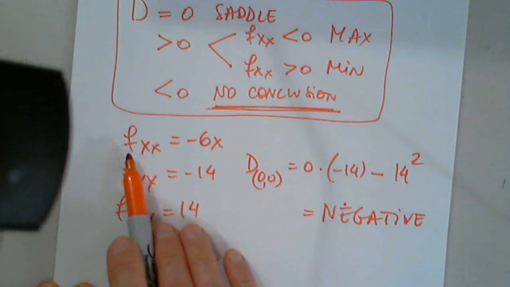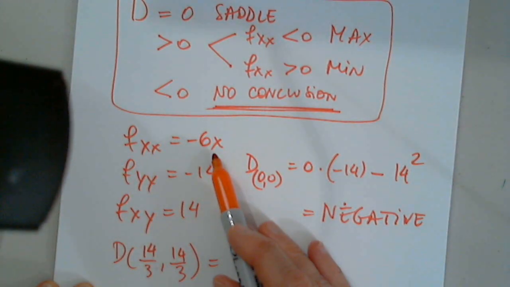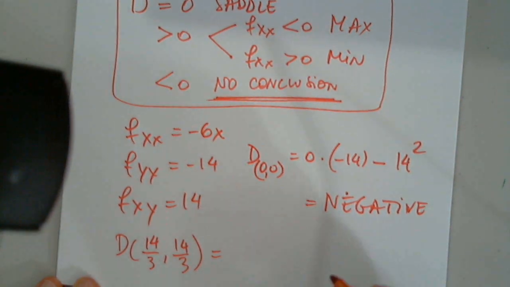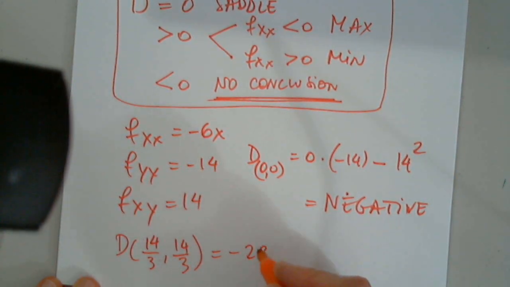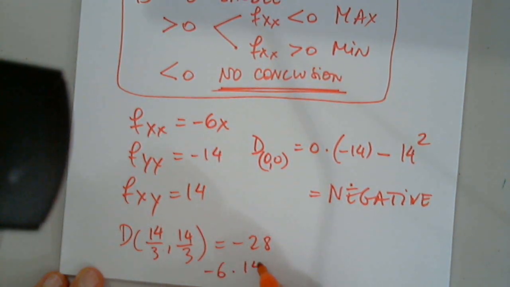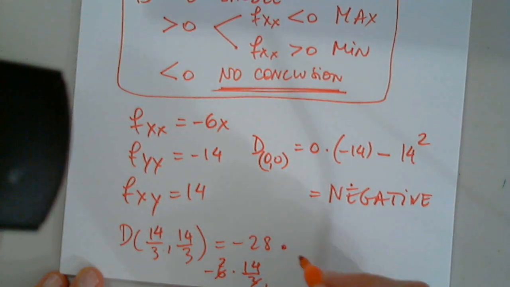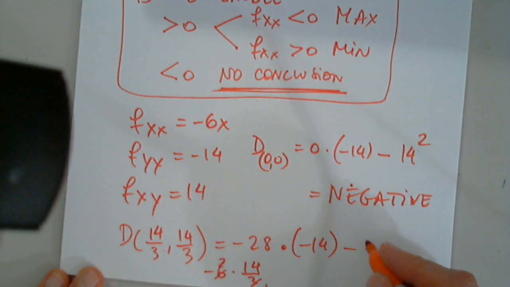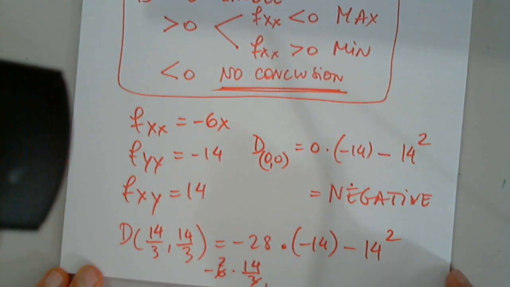Okay. fxx at 14 over 3. So I'll simplify by 3, and I get 2. So negative 28, right? So negative 6 times 14 over 3, and I'll simplify. So it's negative 28 multiplied by, I cannot change that, negative 14 minus, I cannot change that, 14 squared.